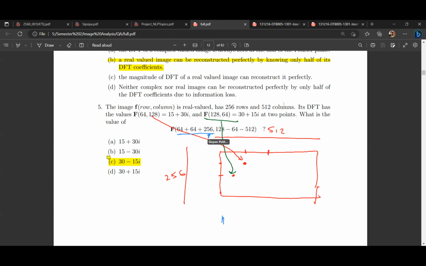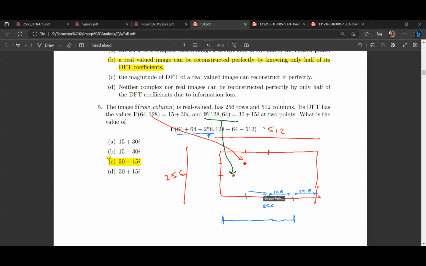We need to go 256 times. That means I need to go half the distance, then I need to go 64 and 64. So I'm directly in here. Because in the middle, the value is 256, and this is another length of 128, right? This is 128 length, and this is also 128 length.